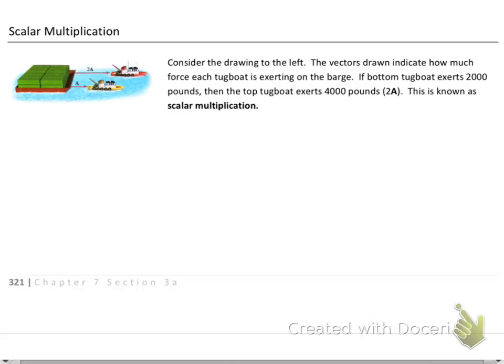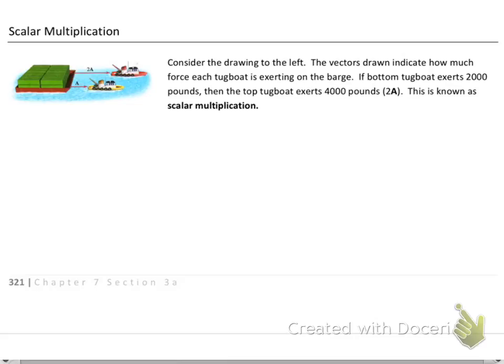So, based upon this picture, if the bottom tugboat exerts 2,000 pounds, then that top one must be exerting 4,000 pounds because it's twice as long, and it's denoted by that 2A. And this is known as a scalar multiplication. I'm not changing the direction of my force. All I'm doing is multiplying it. I'm either making it more force or I'm using less force.